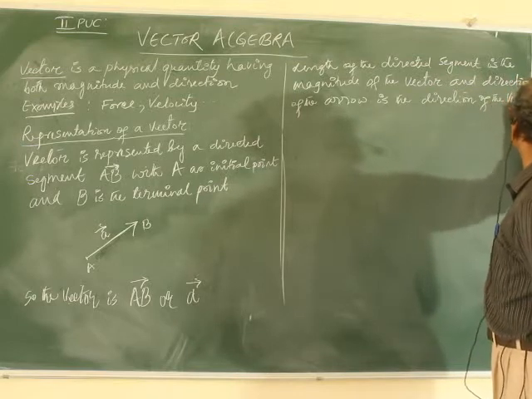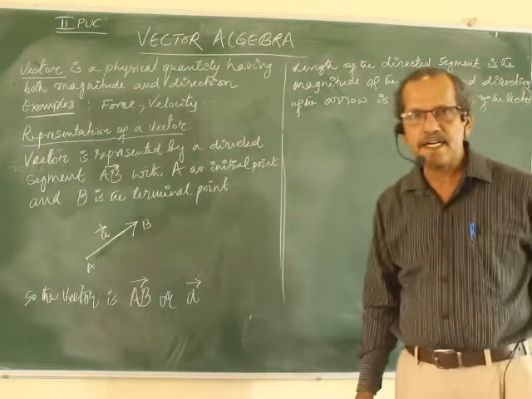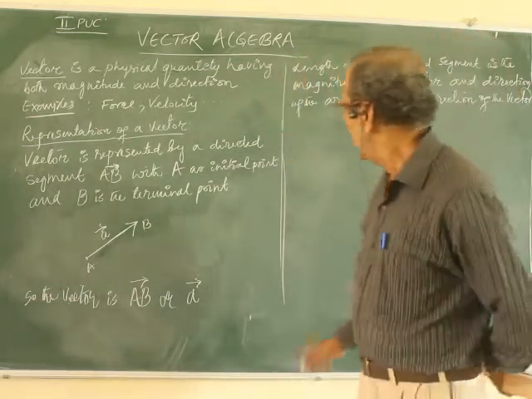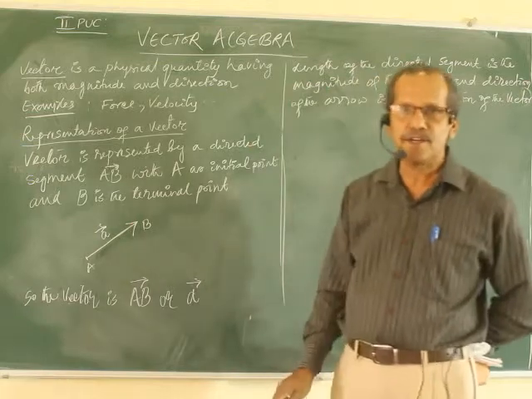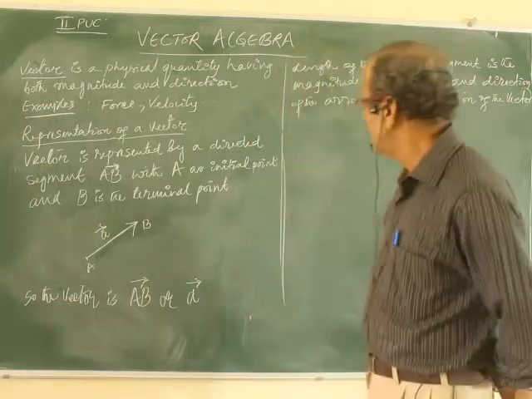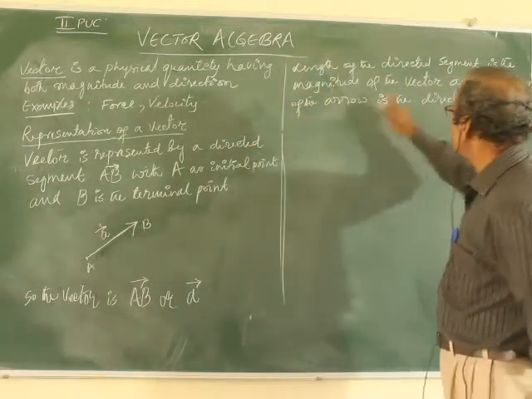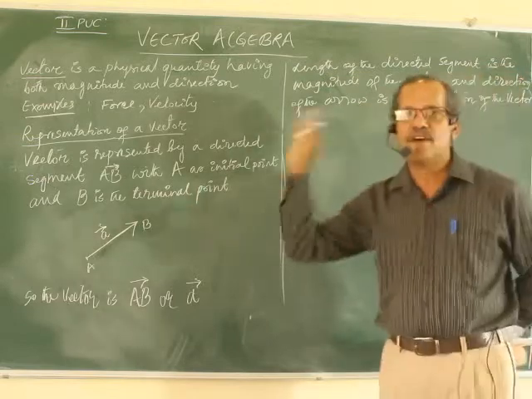Remember, in the representation, the length of the directed segment is the magnitude of the vector. The direction of the arrow is the direction of the vector.